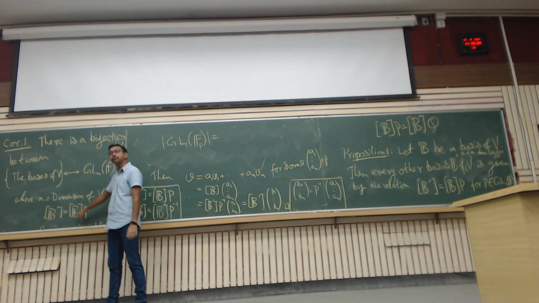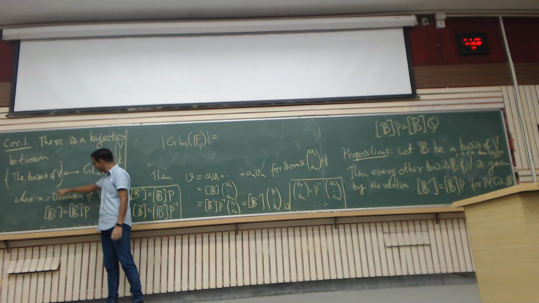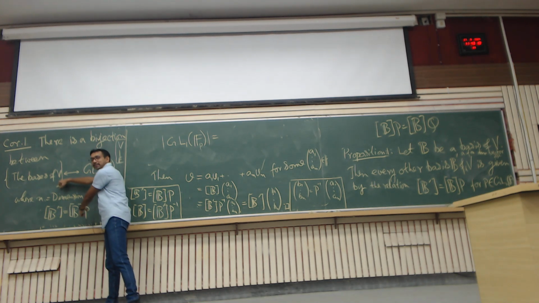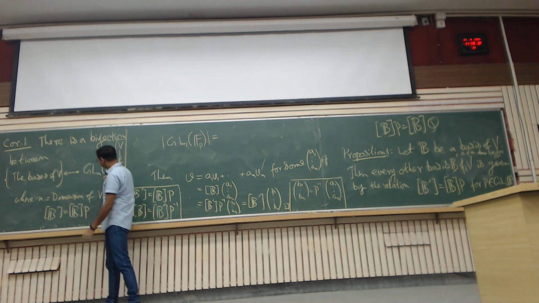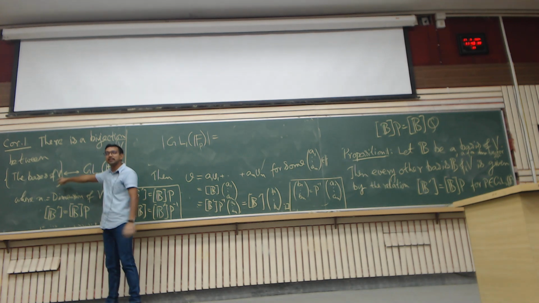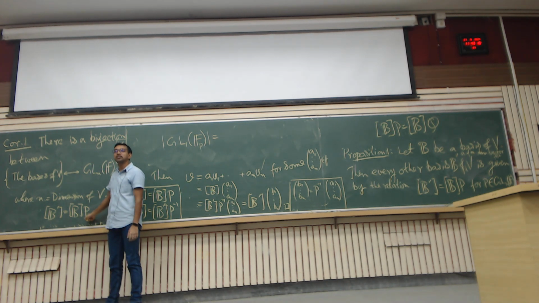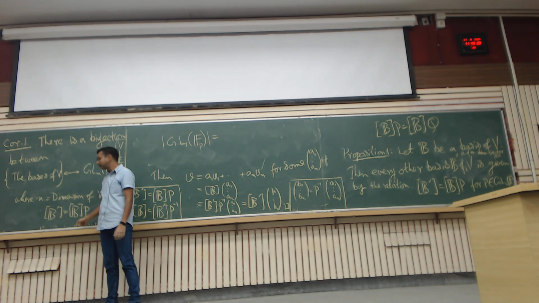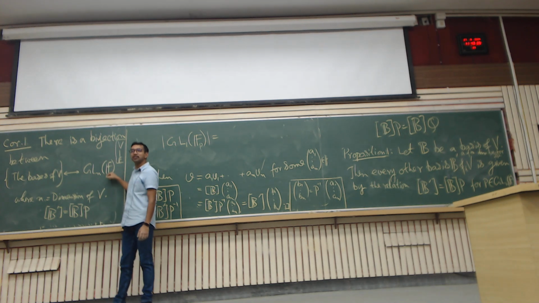In particular, note that if you are starting with this basis B, then you also have an element here, because B is a basis, you should send some matrix there to that basis as well, right? And that should be the identity matrix. If you replace P with the identity matrix, you get B itself here. So this way you are getting all the bases of V, starting with the matrices from GL_n(F).